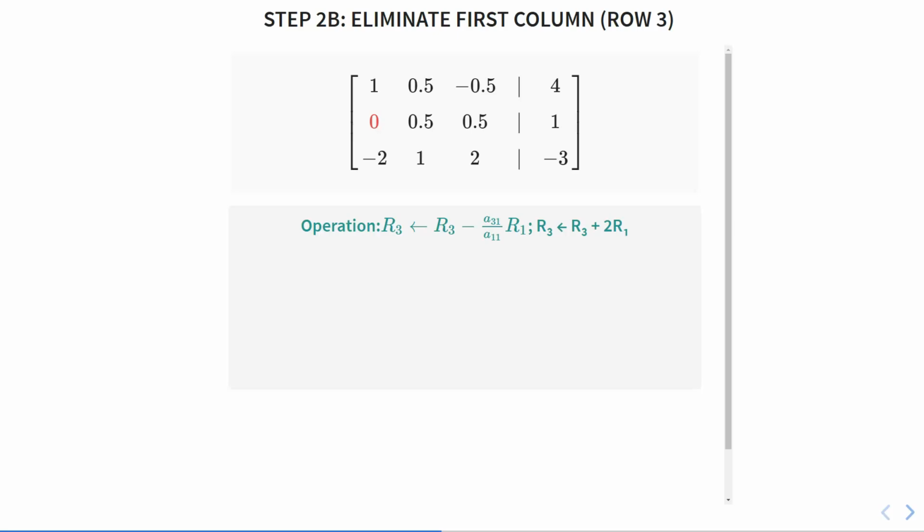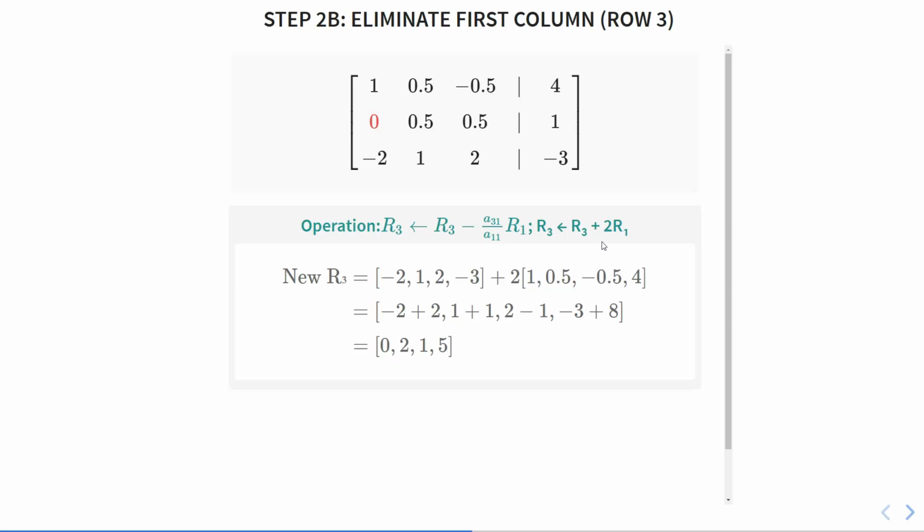So how will I do that? I will make one operation. R3 minus A31 by A11 times R1. So minus A31 by A11 is nothing but 2. And new R3 will be R3 plus 2R1.